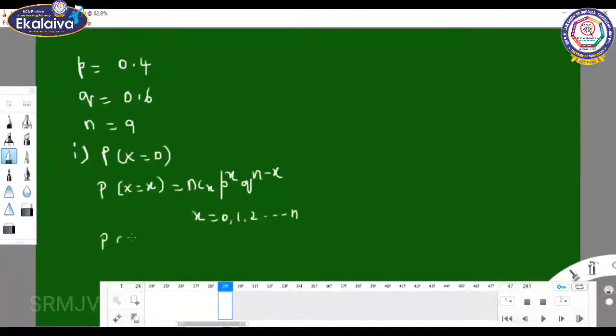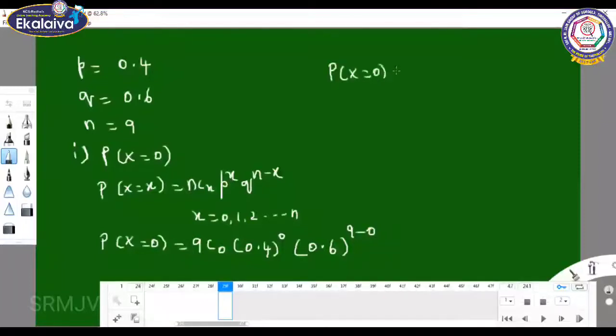So P of x equal to 0 is 9C0 into 0.4 whole power 0 into 0.6 whole power 9 minus 0. 9C0 value is 1, and 0.4 power 0 is also 1, leaving 0.6 whole power 9. What is the value?